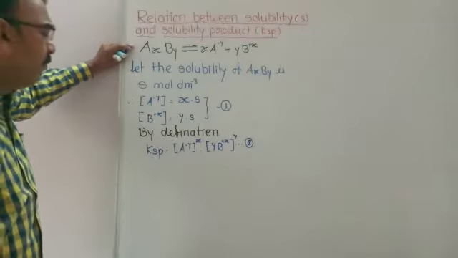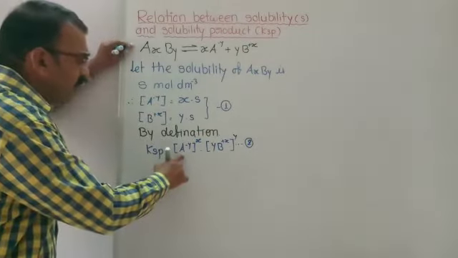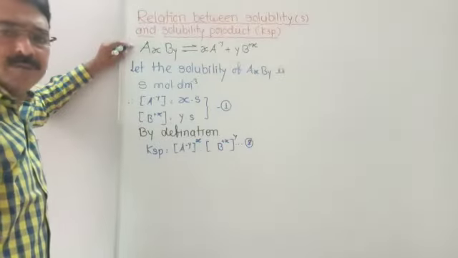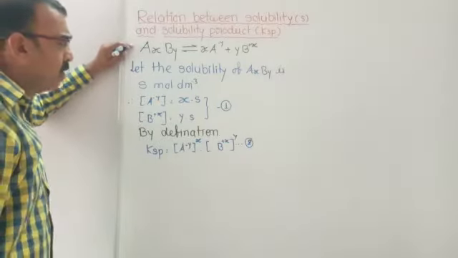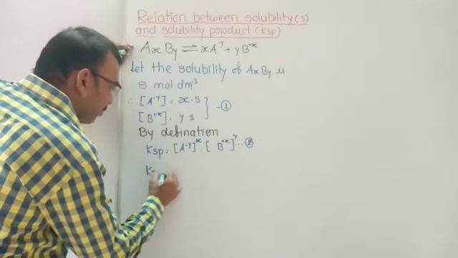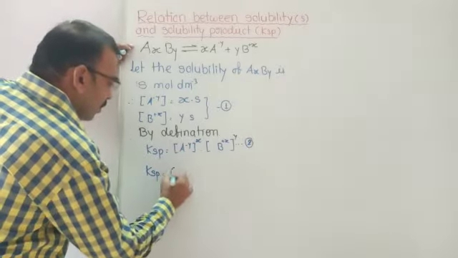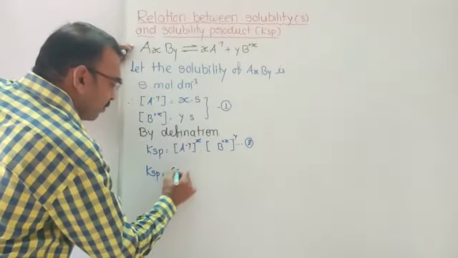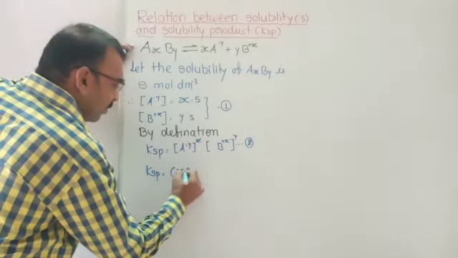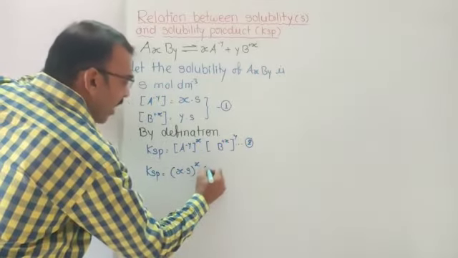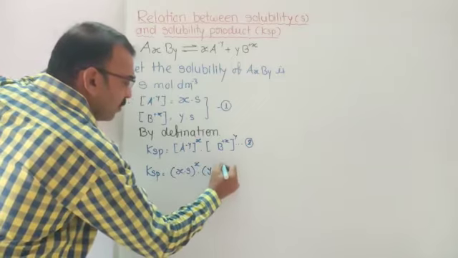Substituting the value of concentration of A^y- ion and concentration of B^x+ ion, what we get is, Ksp, that is solubility product, is equal to (x into S) to the power x, into (y into S) to the power y.